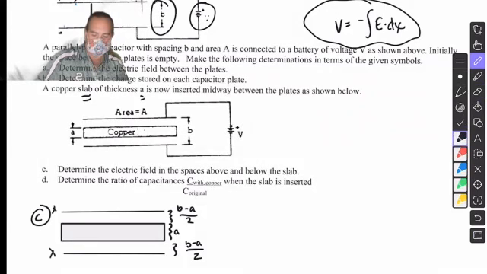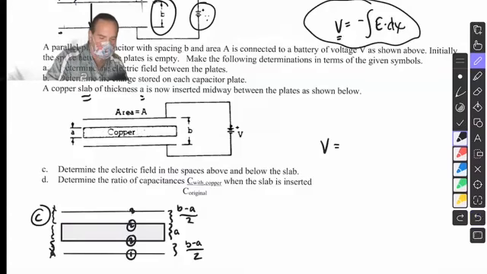What we're really doing is finding the electric potential from here to here, the electric potential from here to here, and the electric potential from here to here, and then adding them all up. We know the total electric potential has to be V.